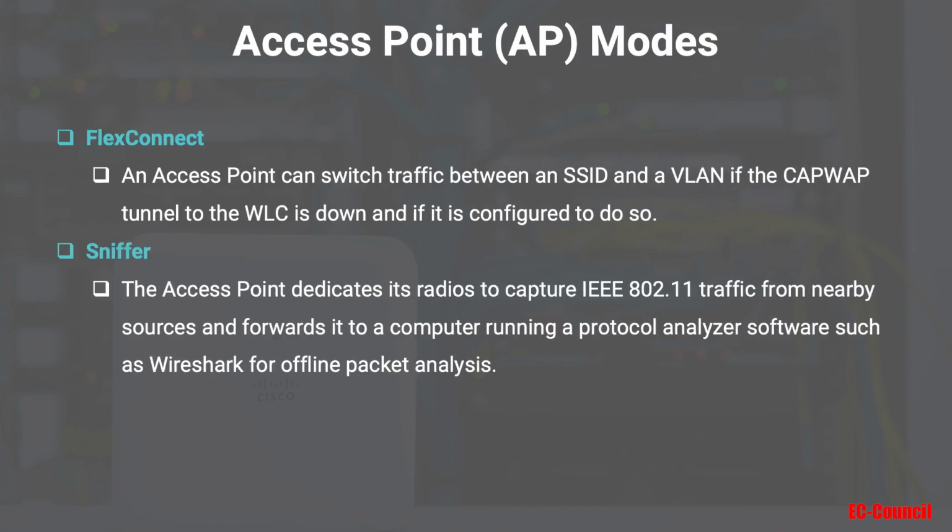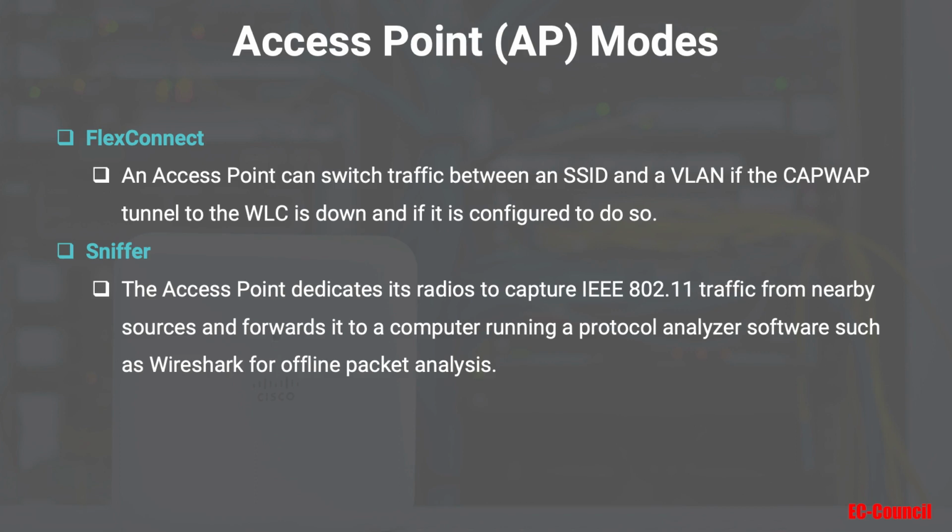Another mode is known as FlexConnect. In FlexConnect, an access point can switch traffic between SSIDs, or between an SSID and a VLAN, if the CAPWAP tunnel to the wireless LAN controller is down. However, it can only do this if the access point is configured to do so. Another mode is known as sniffer mode.